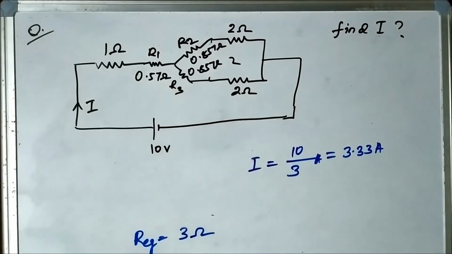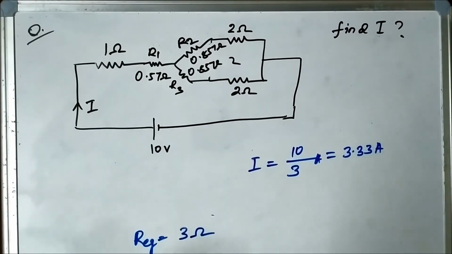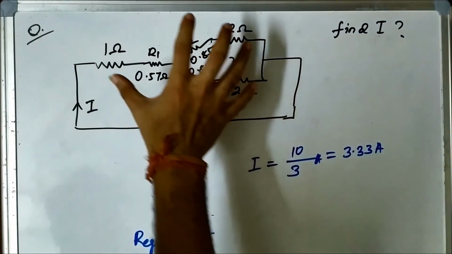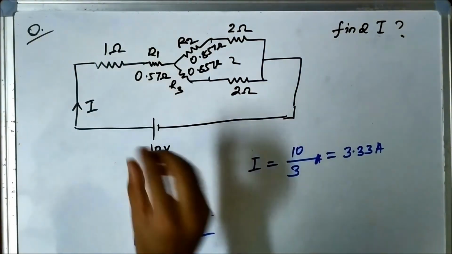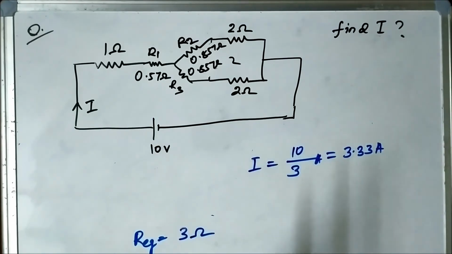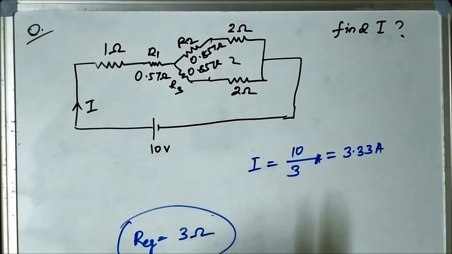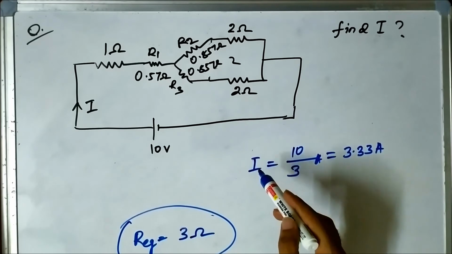So here the question was to determine the total circuit current, but we had to use the star to delta or delta to star transformation concept to simplify this resistive circuit, the groups of resistors which were connected, so as to easily calculate the equivalent resistance, which we calculated as 3 ohm, and then we calculated the total circuit current.